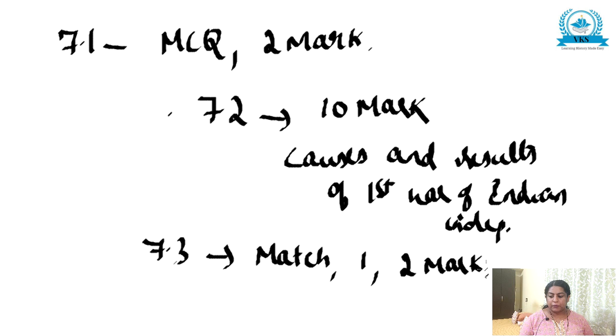That is who propounded drain theory, 1-mark question can come. The book of Dadabhai Naoroji, like match the following, it can come. In 2 marks, what is Raitwari system, what is Mahalwari system, all such questions can come as 2-mark question. So this is from chapter 7.3.